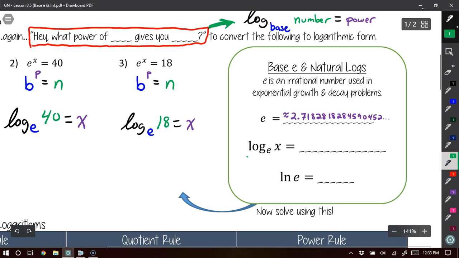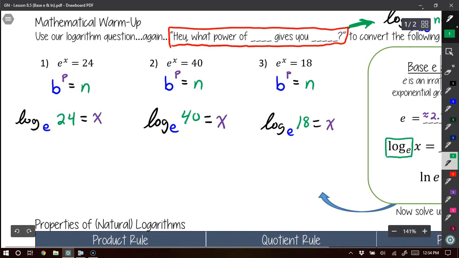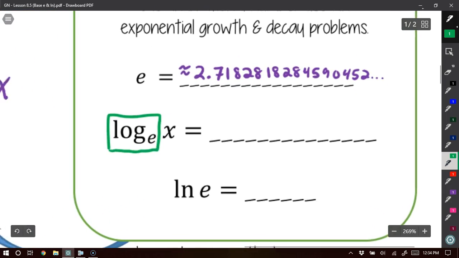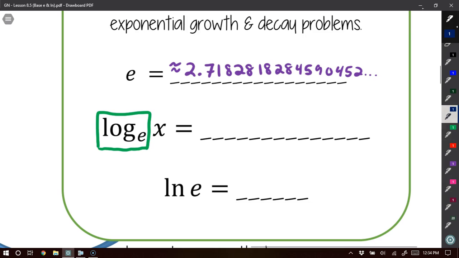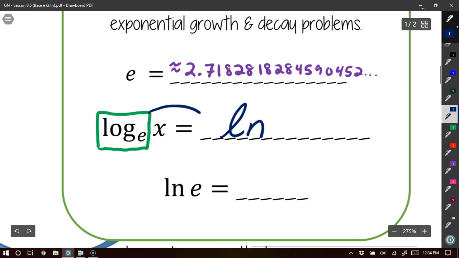We're used to writing log of a base. Look at this, log base e, log base e, log base e. It gets irritating in mathematics to write tons of letters and numbers down. And so in math, what we did is we shortened 4 letters into 2 letters. We replace log base e with just ln.